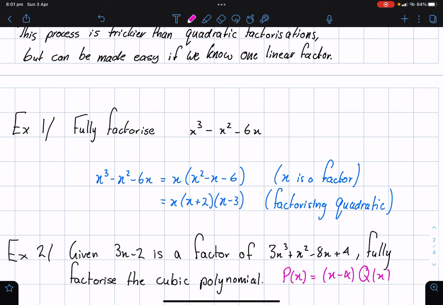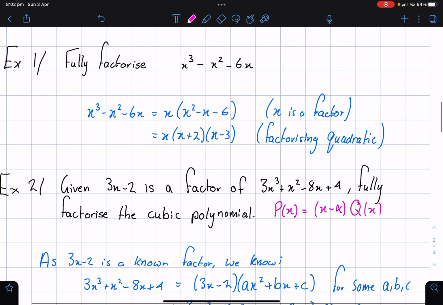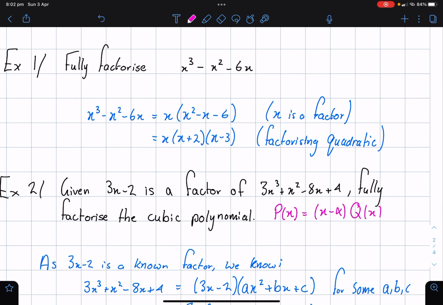Because we're told one of the factors of our polynomial, we can write our cubic polynomial 3x cubed plus x squared take 8x plus 4 as 3x take away 2.